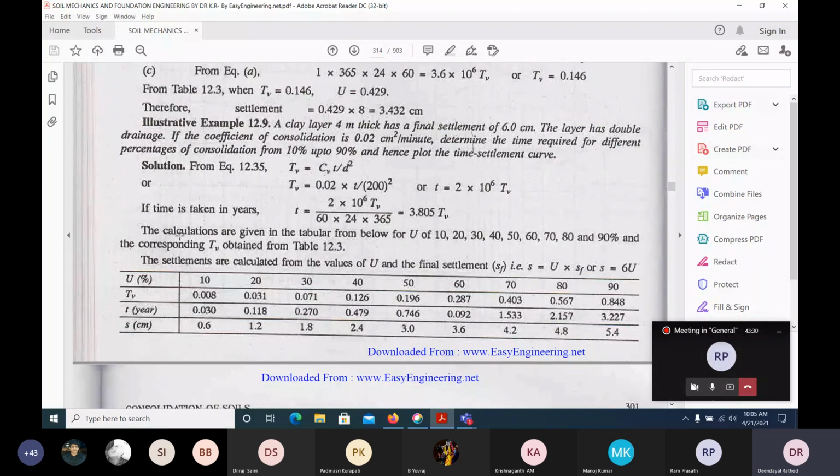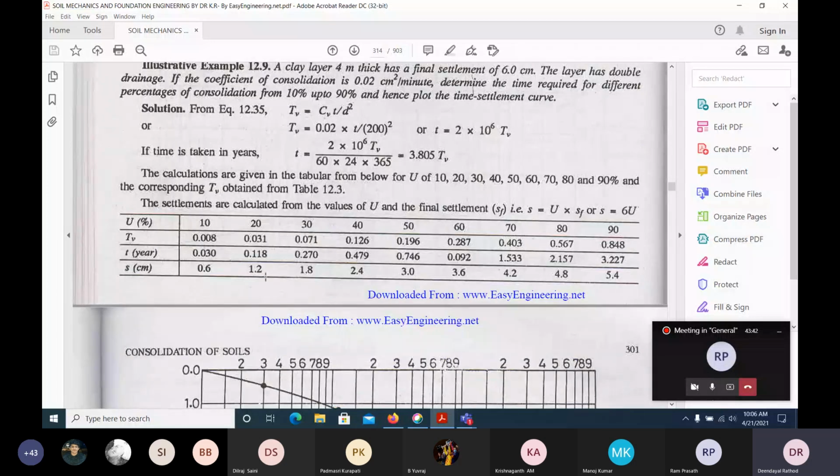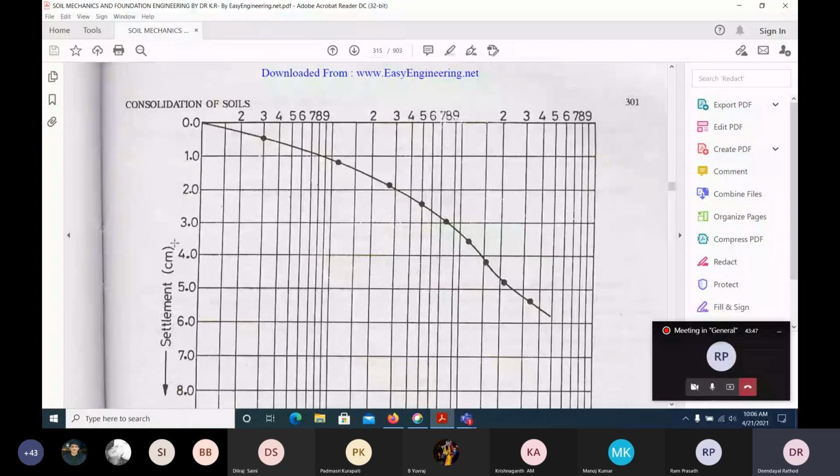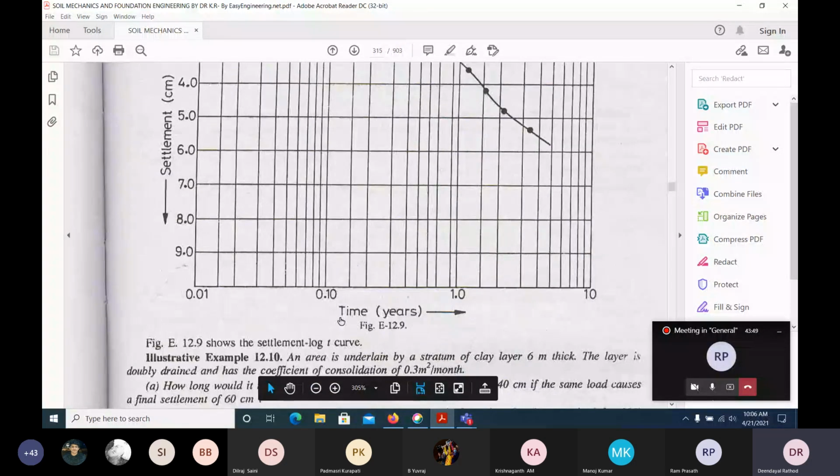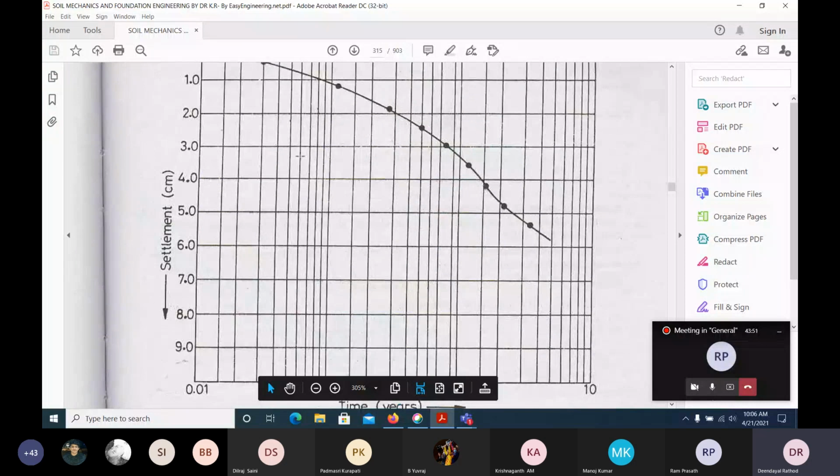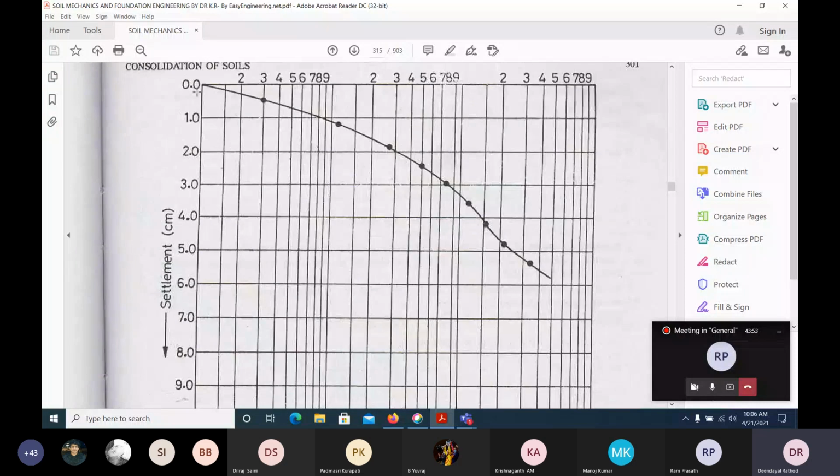For calculation from 10% to 90%, that means 10, 20, 30, 40, 50, up to 90, we take the TV value, then the time value and the settlement value, and finally it is plotted as settlement versus time period. That means this graph is asked to be found.